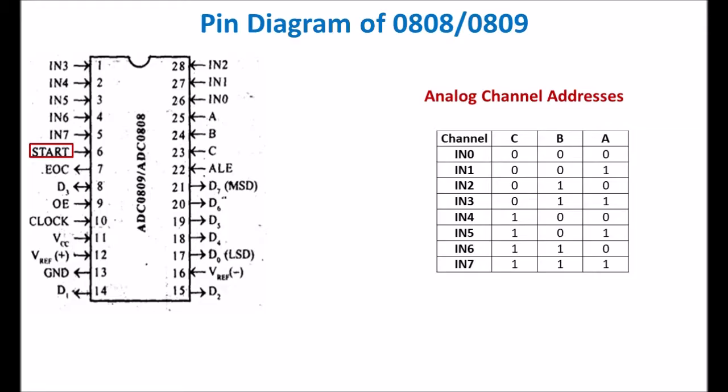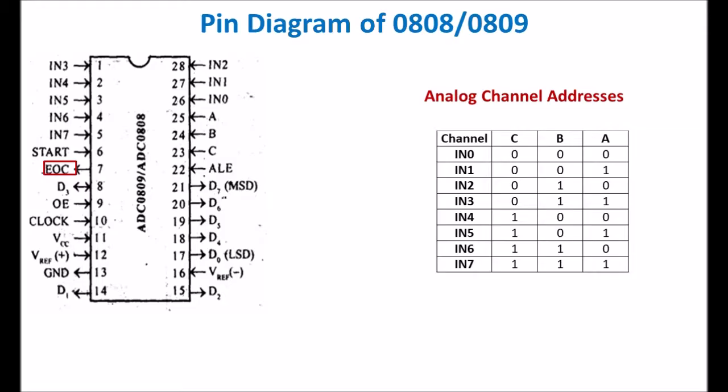Now the user can check whether conversion is complete or not using the EOC signal, that is the end of conversion signal. Initially, the EOC terminal will be at logic 1 and when conversion is over, it will be at logic 0. So the user can continuously check whether EOC is 0 or not.